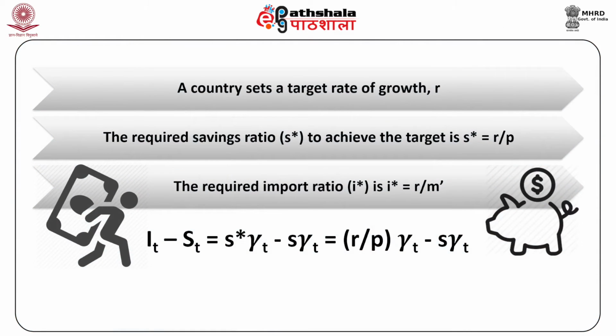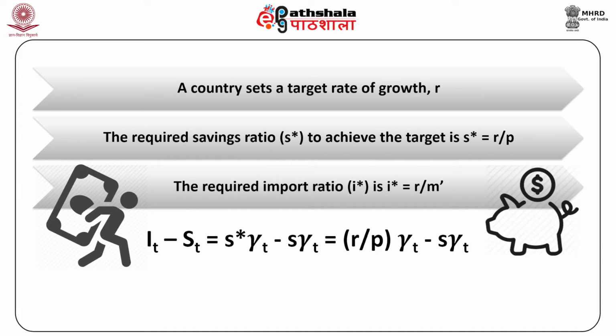Suppose now a country sets a target rate of growth R. From our simple growth equations or identities, the required saving ratio, or S star, to achieve the target is S star equals R upon P. And the required import ratio, that is I star, is equal to R upon M dash.